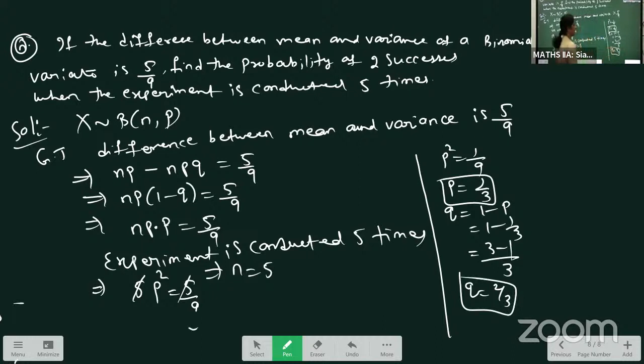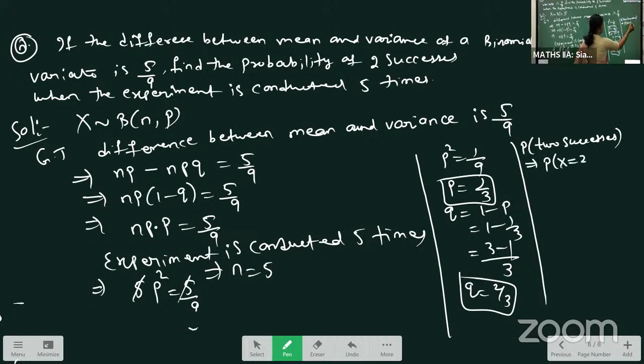So here, when the experiment is conducted 5 times, we got P value as 1/3 and Q value as 2/3. Question, what is he asking? Probability for 2 successes. How to put it in the formula? This is nothing but P of X is equal to 2.